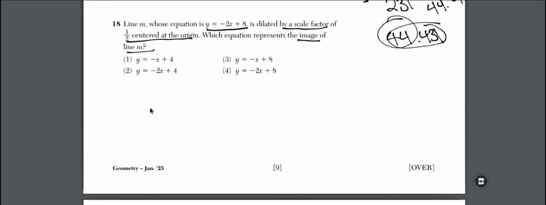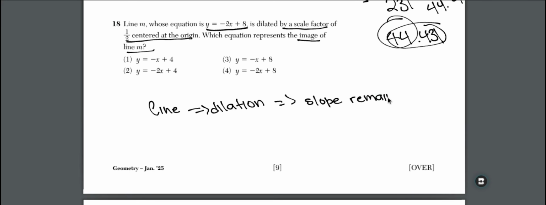So, when I have a line and it undergoes a dilation, what I want you guys to remember is my slope remains the same. Do not change your slope. So when they have a line and it undergoes a dilation, the slope remains the same. Your y-intercept changes by the scale factor.